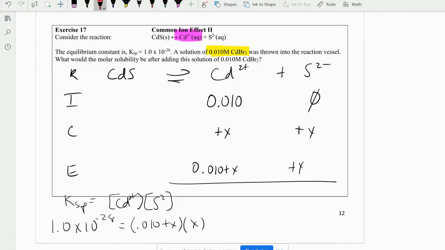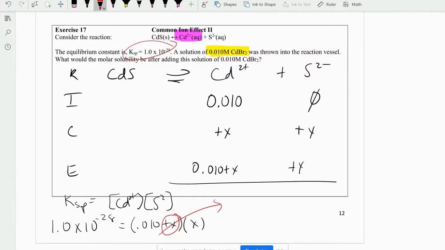Now here is the thing, and you're going to see this come up a lot. You see this plus X here? It turns out that we are actually going to ignore this plus X. This is because if you look at the current Ksp, it is so small that we should expect X to be small as well.